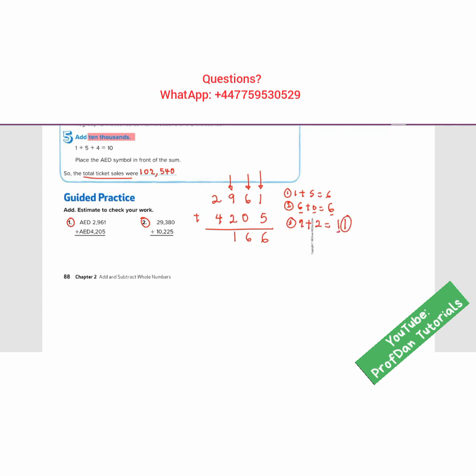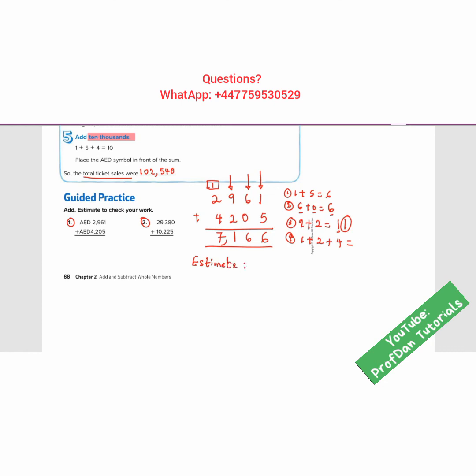Take the remaining 1 to the next place value. So number 4, you now have 1 plus 2 plus 4. And that's going to give you 7. So this is your final answer, 7,166.